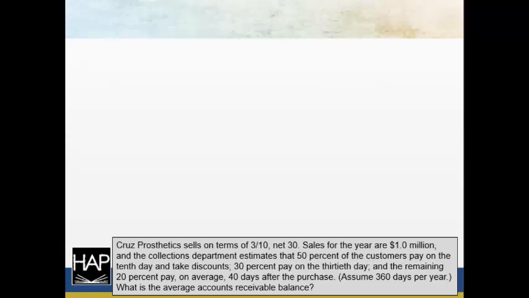In order to calculate the receivables balance for Cruise Prosthetics, I'm going to do this in a few steps. If I look at the general formula for the average collection period, I can see that the average collection period is equal to the receivables over the average daily sales.